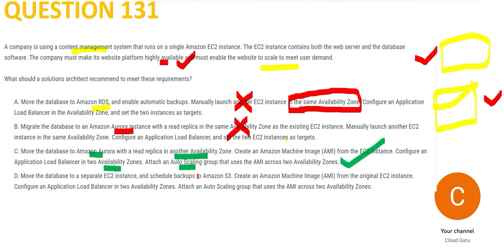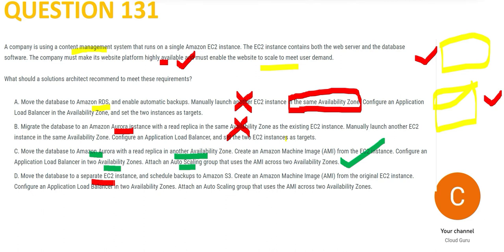The problem with D is that it is telling the boss, I will not use any of the AWS ready-made services. Swiggy is giving you food, but this guy is saying, boss, I will still cook. If you put the database on EC2, you will have to manage it. So it's like self-cooking versus ordering from Zomato or Swiggy. AWS doesn't want you to put all applications and databases on EC2.